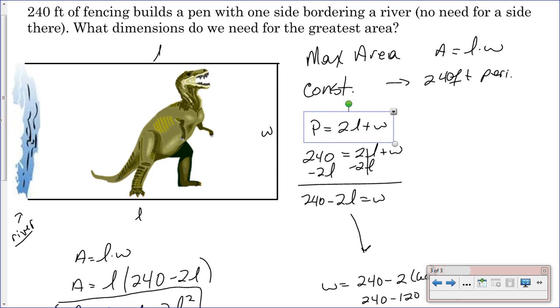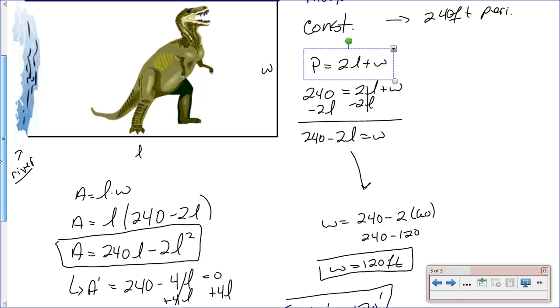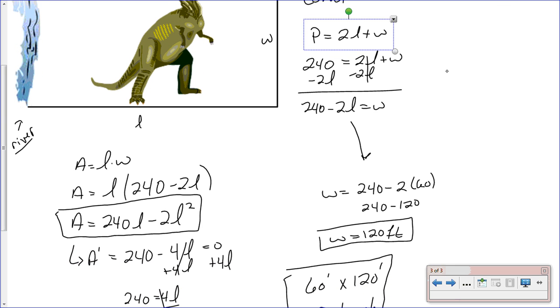All right. So now, next step, eliminate a variable. So simplify it down. So we solved it for W because W was the easiest to solve for. Because we had 2L, we would have had to divide the whole thing by 2, so we would have had W over 2, which we could have done, but we really didn't want to because we had a fraction, and life's easier without fractions. All right.